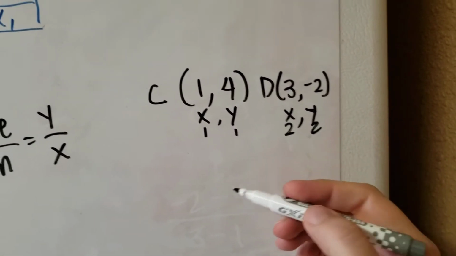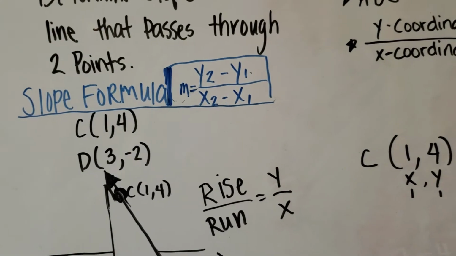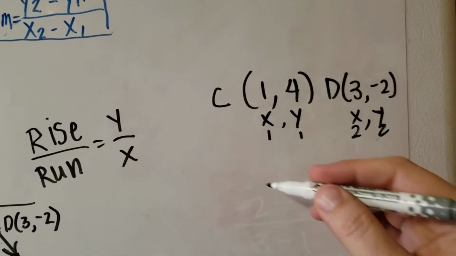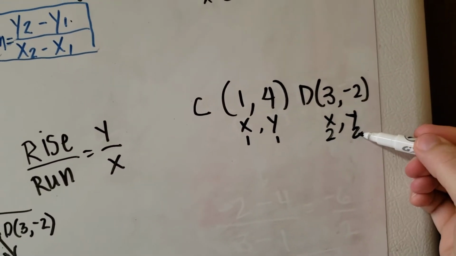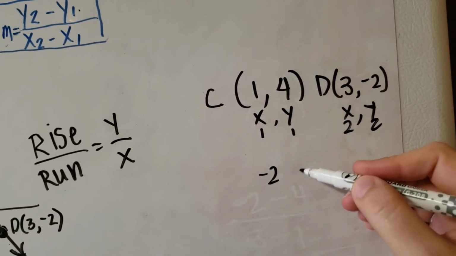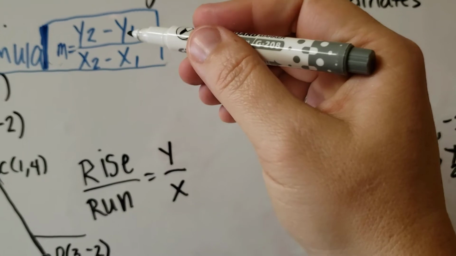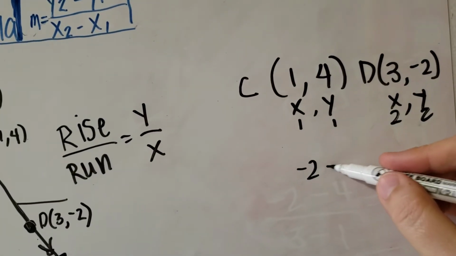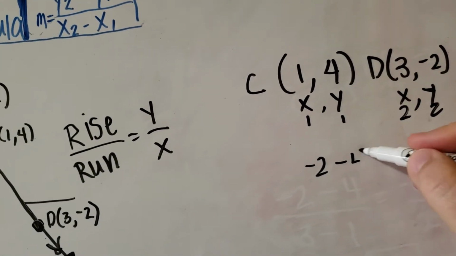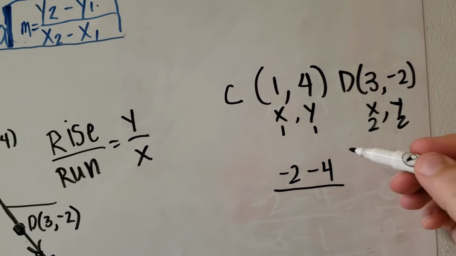All right, so now we can look back at our formula and let's go ahead and plug this in, okay? So for y2, we're going to use -2, and it's -2 minus y1. And our y1 is 4. And then we're going to do our x's.